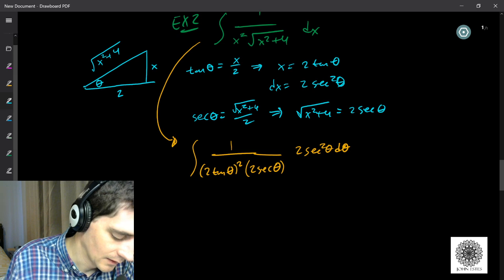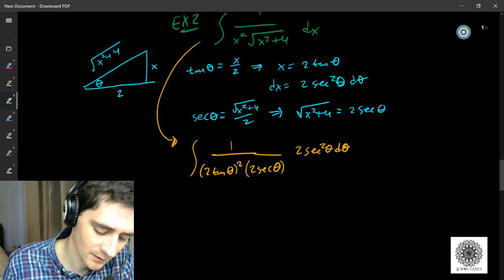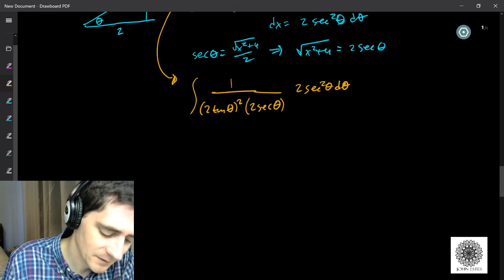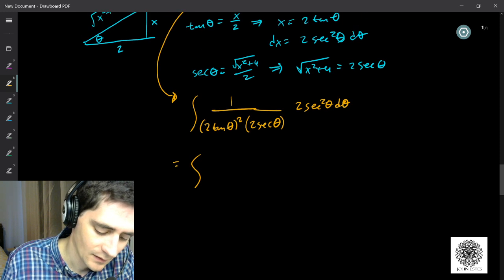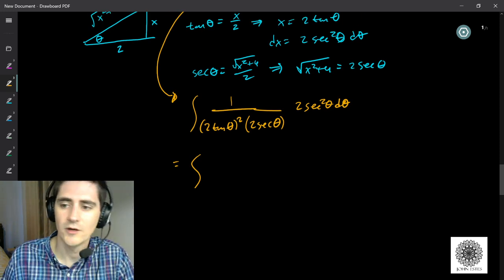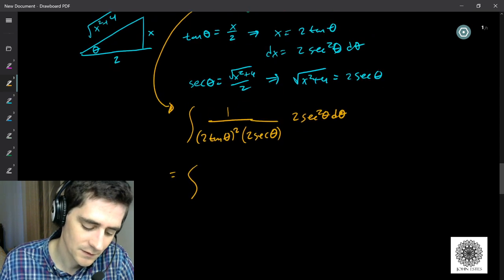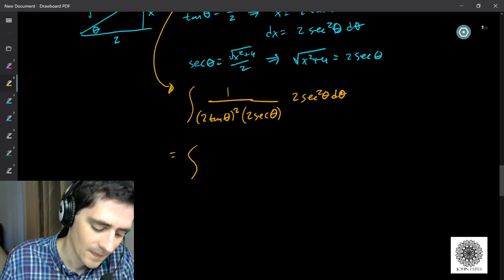And I needed to write a d theta up here in my substitution. All right, so now when I simplify this a little bit, let's see, what do we get? Well, notice that the secant squared in the numerator and the denominator can cancel, as well as a 2.